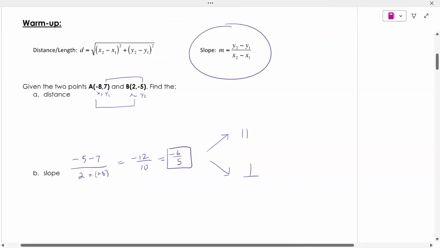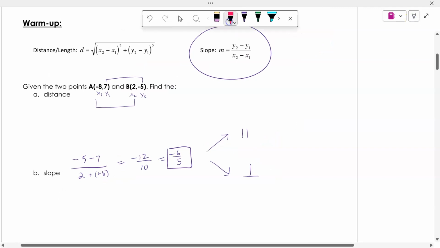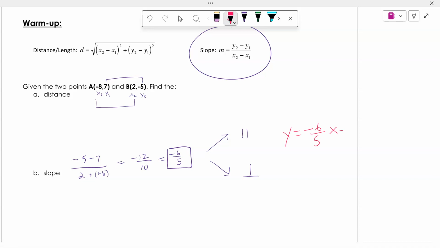So for instance, if I had a line, y equals negative 6 fifths x minus 2, I know just by looking at the slope, by comparing them, that this line would be parallel to this given slope. So long story short, if they have the same slope, they're going to end up being parallel, unless you have a special case where they're actually the same line graphed on top of each other. But in this section, typically they won't be.